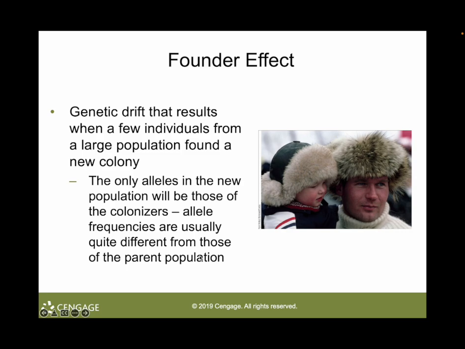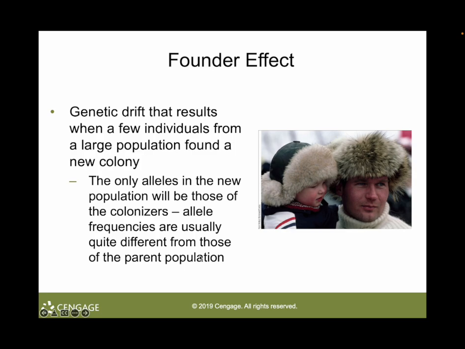As a result, the only alleles among the descendants will be those of the colonizers. Typically, the allele frequencies in the newly founded population are quite different from those in the parent population. The genetic drift that results when a small number of individuals from a large population found a colony is called the founder effect.